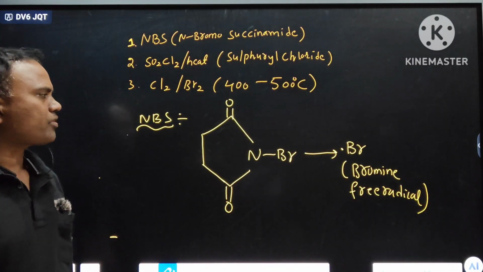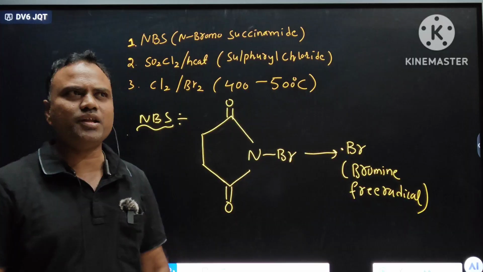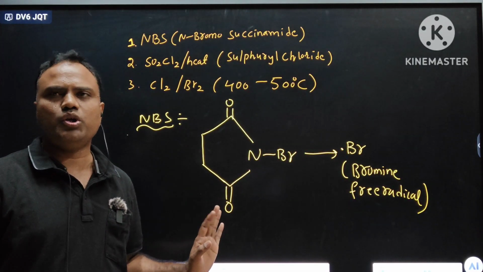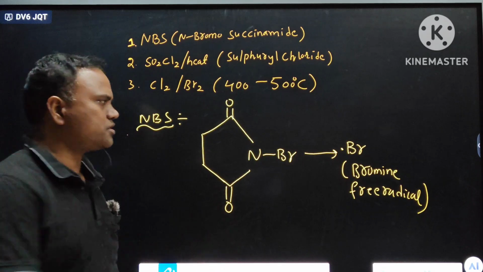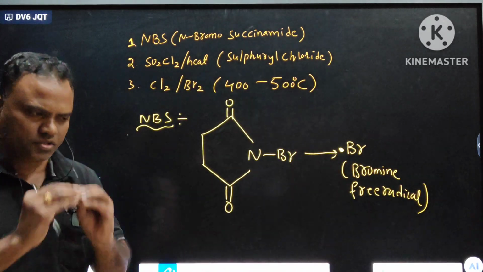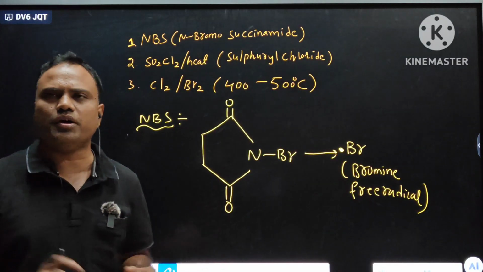Don't bother about the remaining part. Clear? Some students will ask, sir, what about the C double bond? What about N? No need of knowing about them. Just remember this point. What is the role of NBS? It just releases a bromine free radical. That is the important point here.